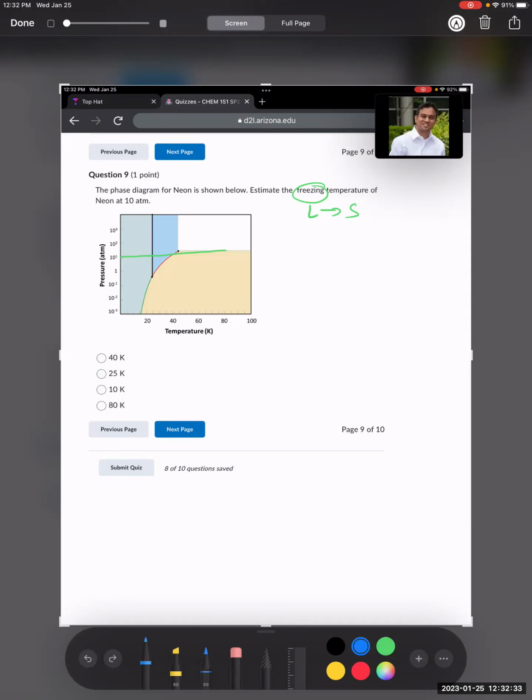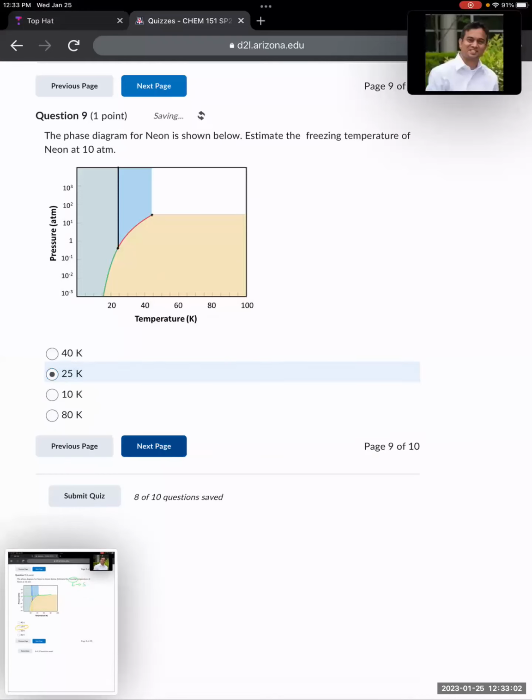This is the boundary of interest for us. Now the freezing temperature should be somewhere around here. If you estimate that temperature, it is closer to 20, so 25, 30, it should be around 25 Kelvin. Okay, let's select 25, moving on.